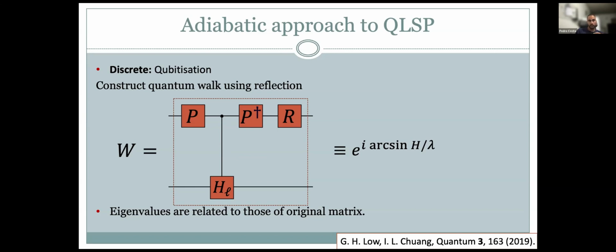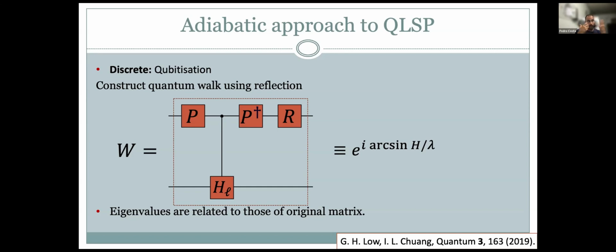And this is going to have some overheads, giving extra factors. In particular, you're going to go from a logarithmic to a near-linear dependence on the condition number parameter. And then using the discrete version, again, we don't have to think about the eigenvalues of the Hamiltonian explicitly.